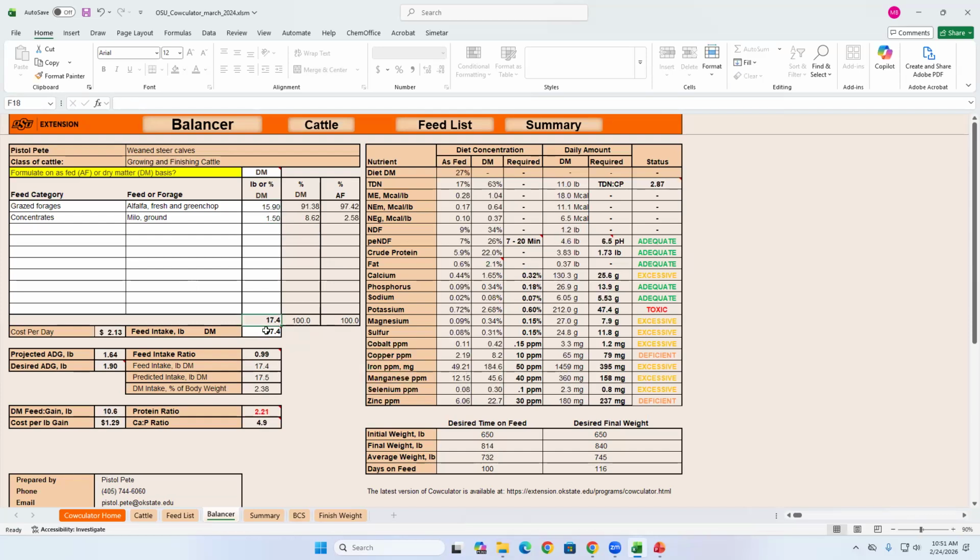So now this cell matches this cell-ish. Now this cell matches this cell, matches this cell. So our forage intake went down by 1.3 pounds. We supplemented 1.5 pounds.